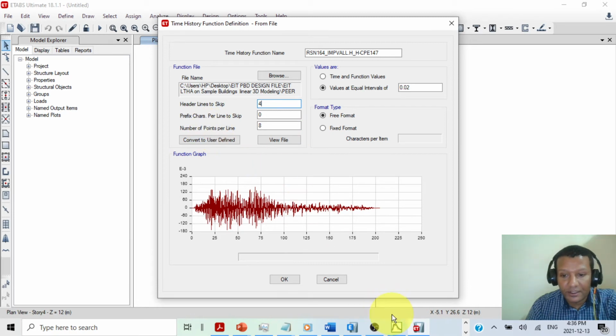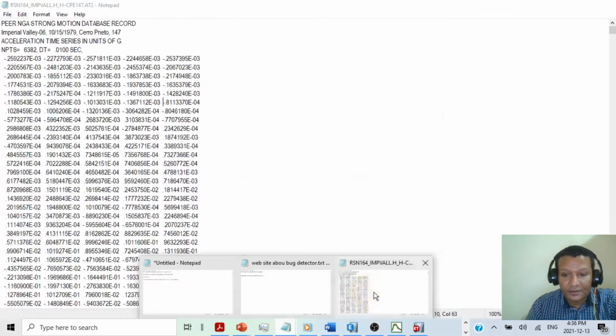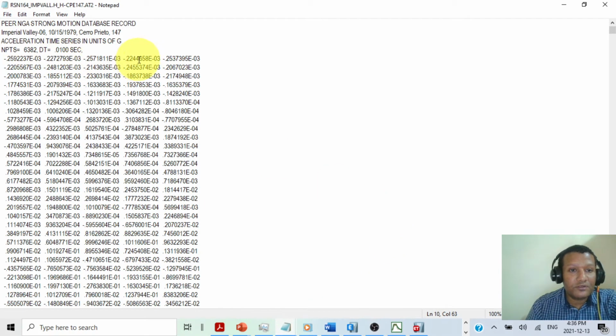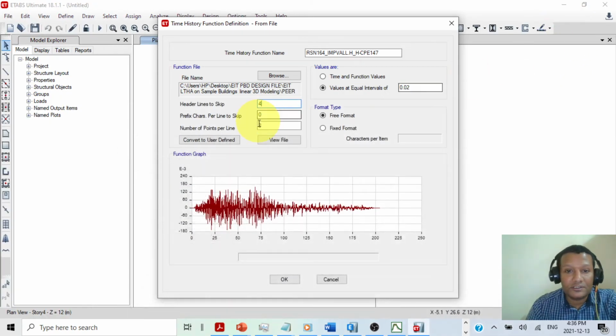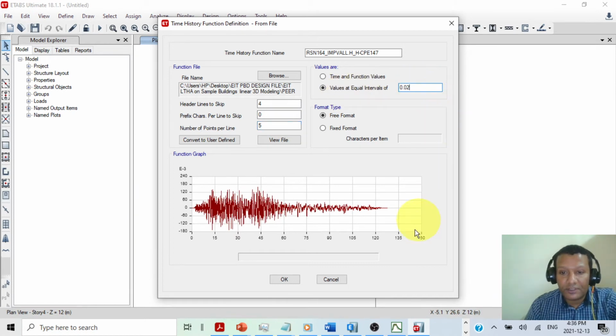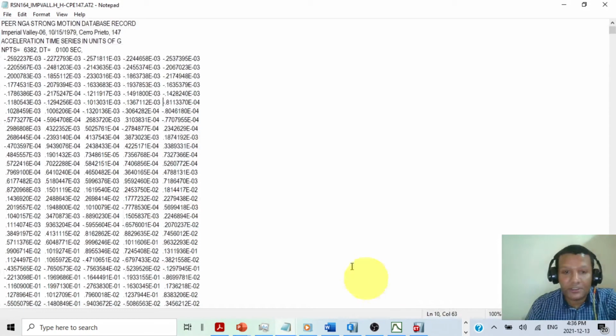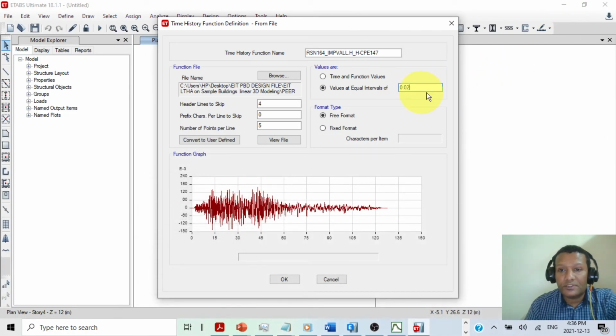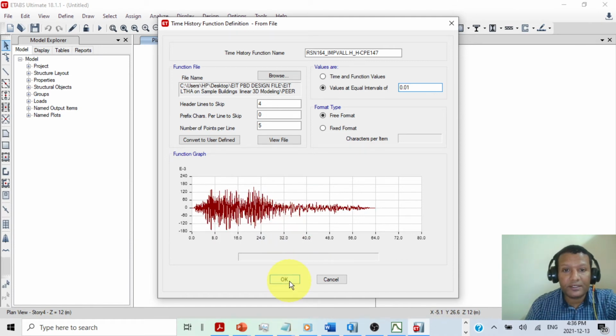Number of points per line, 1 2 3 4 5, we have 5 points, and value at equal interval, we have 0.01. Free format, everything.